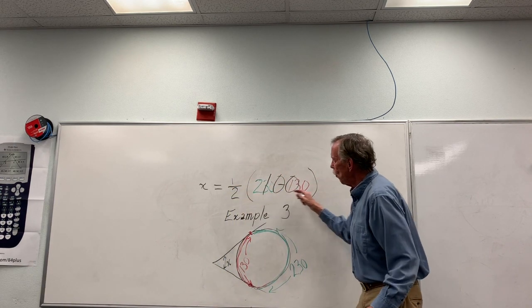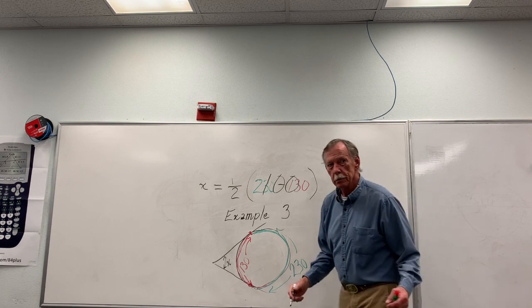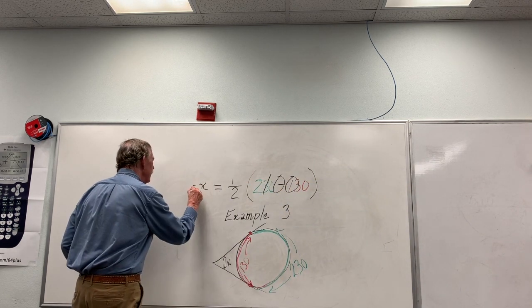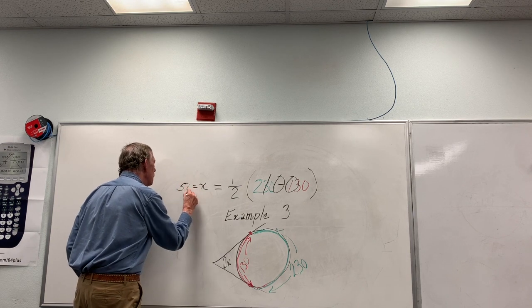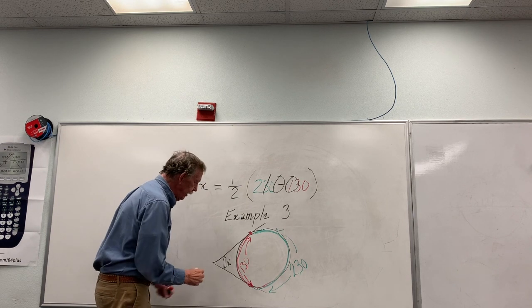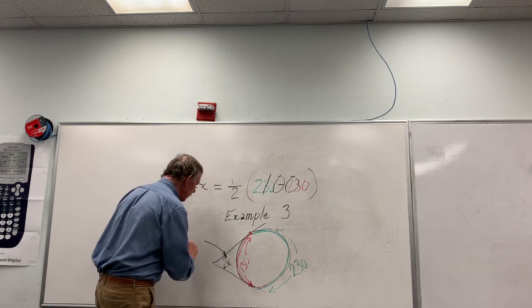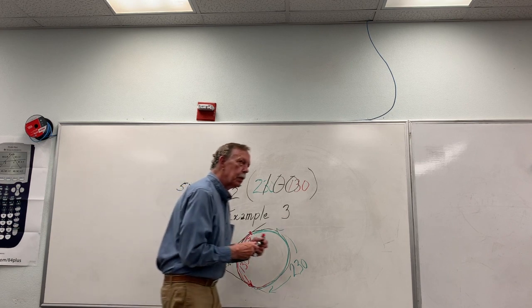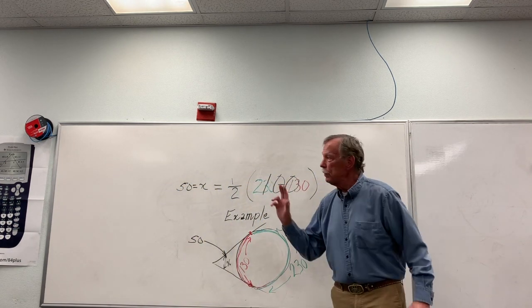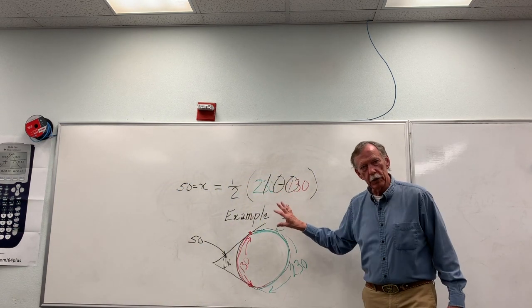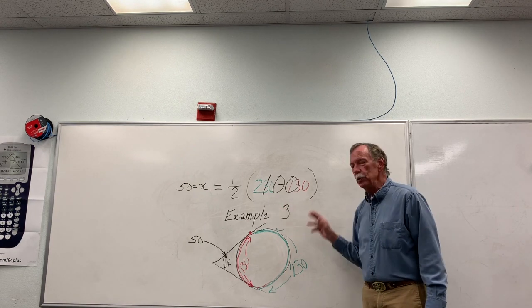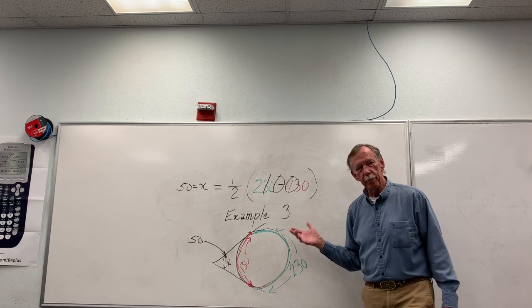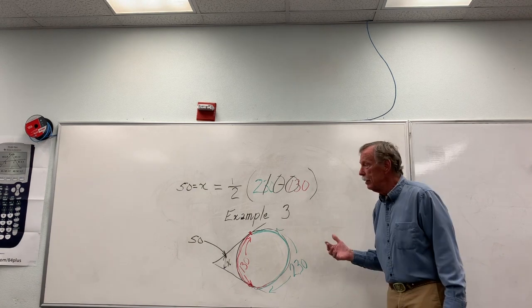Half of 100 is, you got it, 50. So this angle here is 50. This formula is what you use when you have two secants, a secant and a tangent, or two tangents that meet outside the circle.